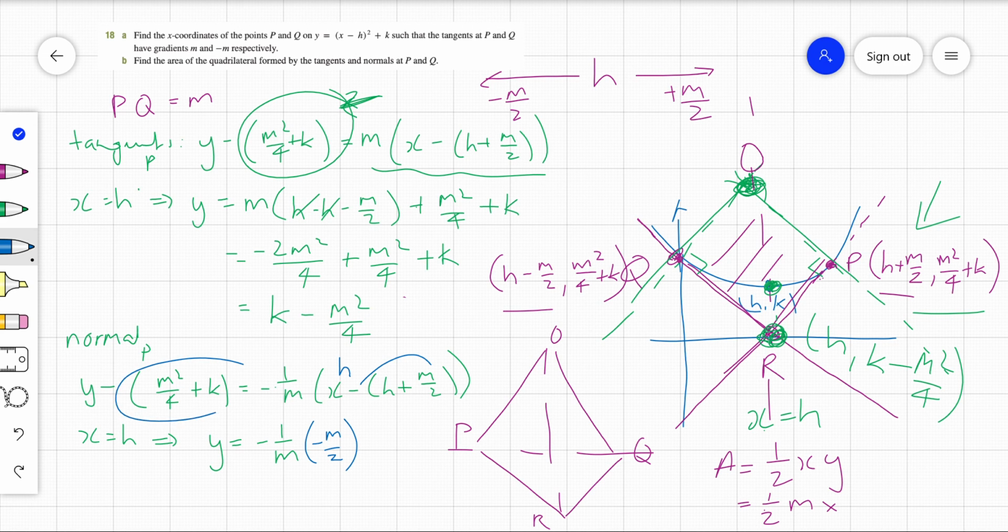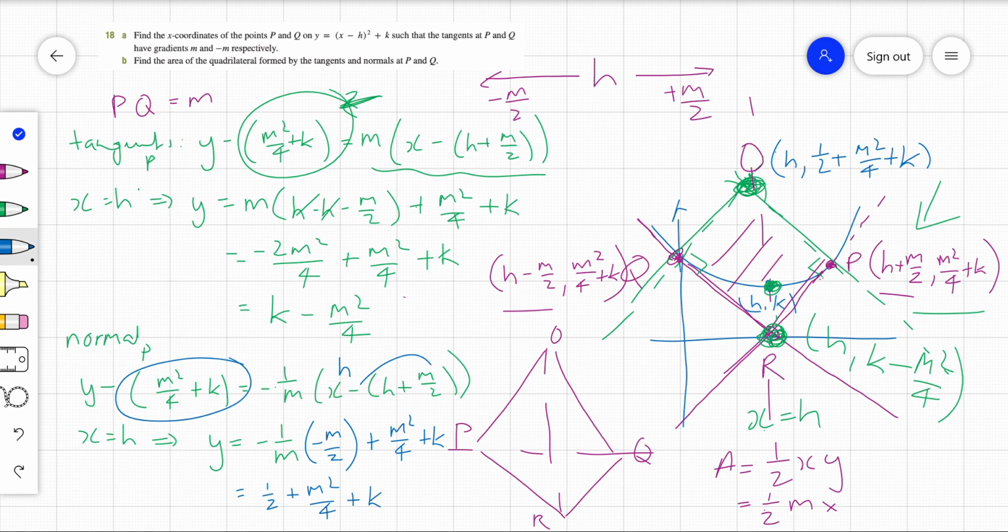But we need to put this on the other side as well. So we're adding m squared on 4, and we're adding k. So altogether we're getting a half plus m squared on 4 plus k, and that's going to be the height of this point up here. We know it's h as its x value, and here is its y value.